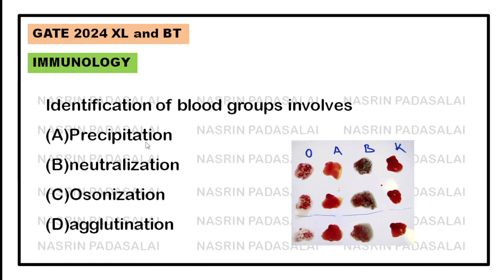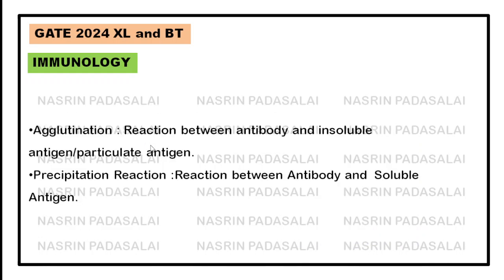So you need to know the difference between precipitation and agglutination. Agglutination is a reaction between your antibody and an insoluble antigen, in other words a particulate antigen. Blood group antigens come under the category of insoluble antigen, another name for which is particulate antigen.